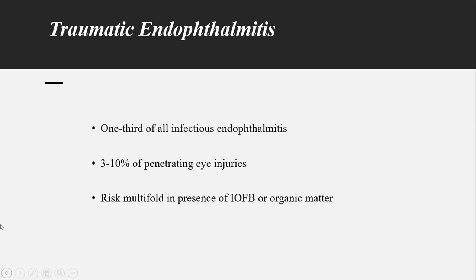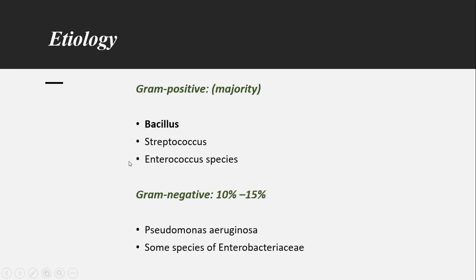And the risk in post-traumatic endophthalmitis, especially in open globe injury, is very high. The bacterial spectrum is also very different and it is very difficult to manage. Very commonly we see the Bacillus spectrum, which is almost resistant to every other treatment, whatever you do.